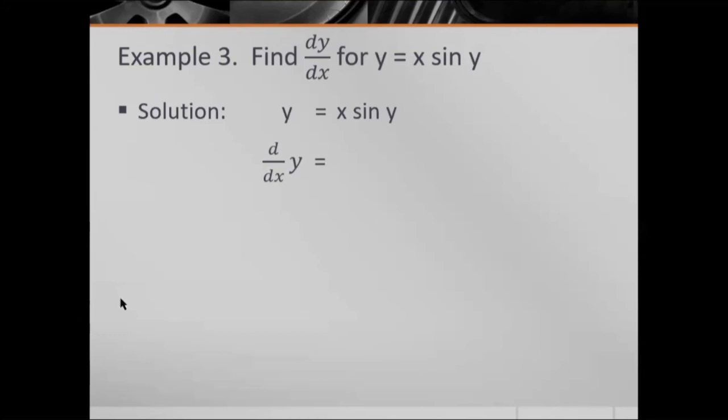So, derivative of y with respect to x, and yung nasa right side naman kasi ito ay x sin y, pwede natin gamitin ang product rule. So, mangyayari ngayon dito ay x times derivative of sin y with respect to x plus sin y times derivative of x with respect to x.